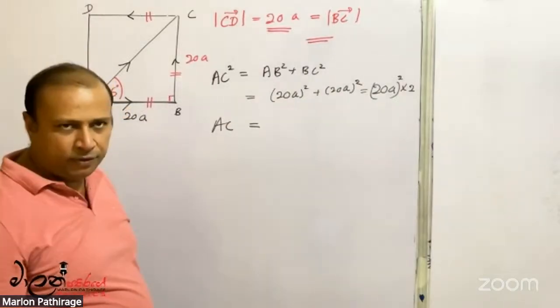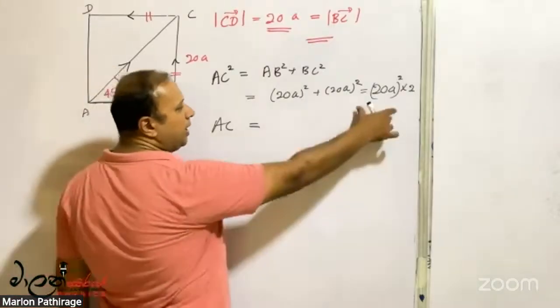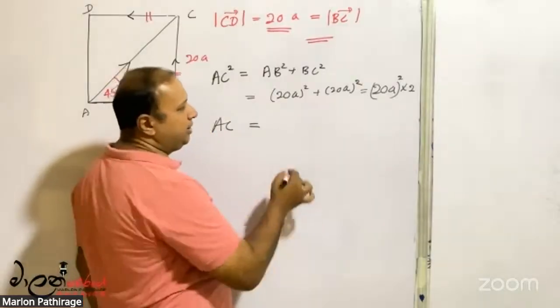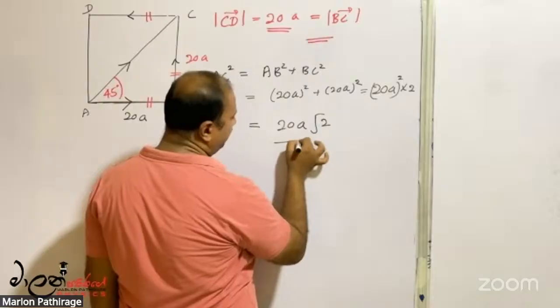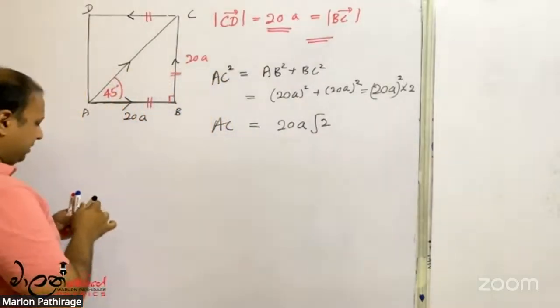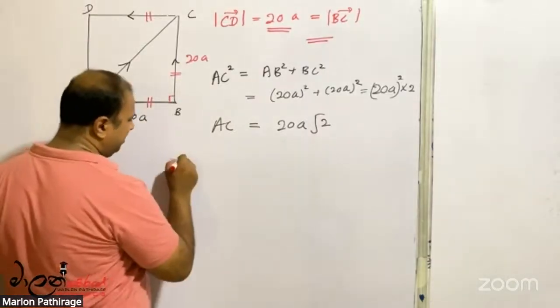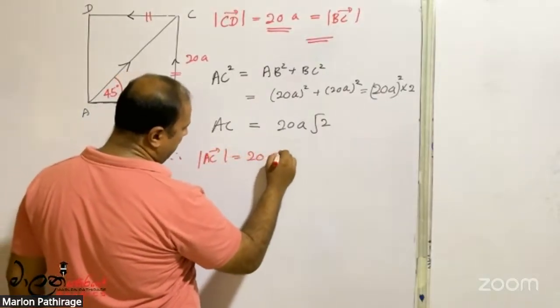If you take the square root of it, the square root of 20 square is 20. Sorry, this is AC. Therefore, magnitude of AC vector is 20 root 2.